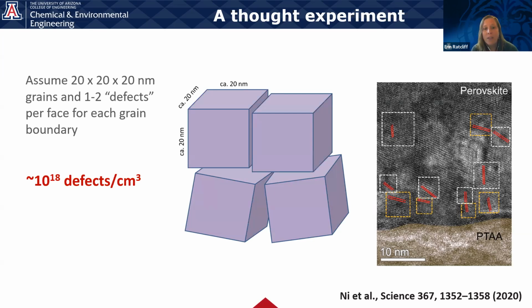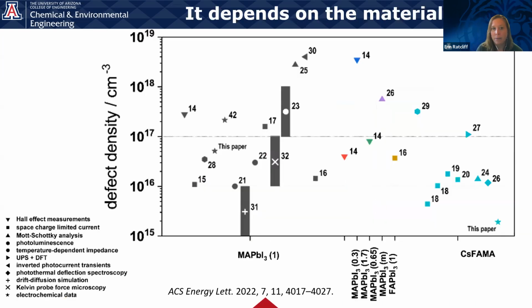Right? If we think about defects, it really depends on the material. What I'm showing you here is a literature survey from 2022 of how many defects are reported in a simple material like MAPI, across 4 orders of magnitude. This changes as well when we switch to other materials such as the triple cation, cesium FAMA type of complex.